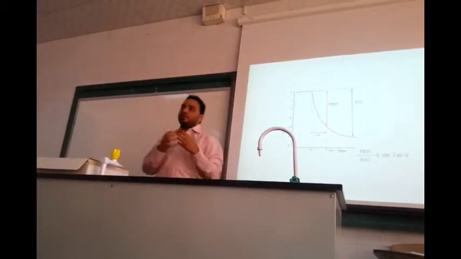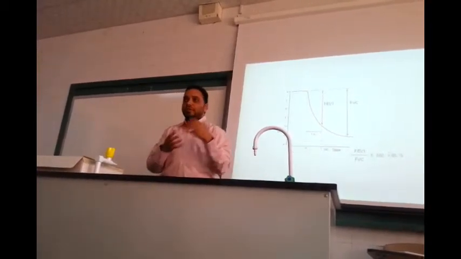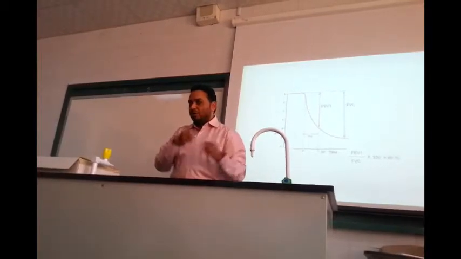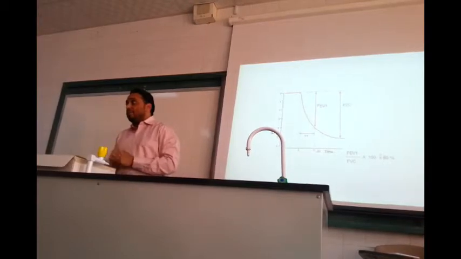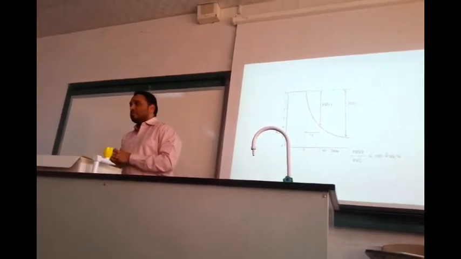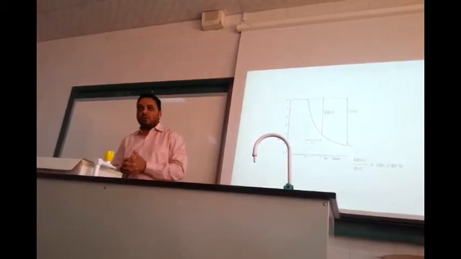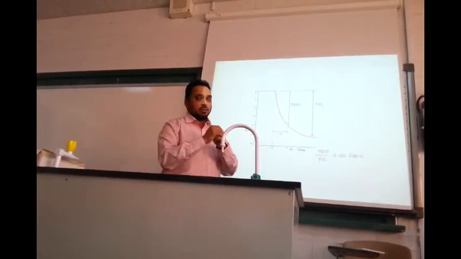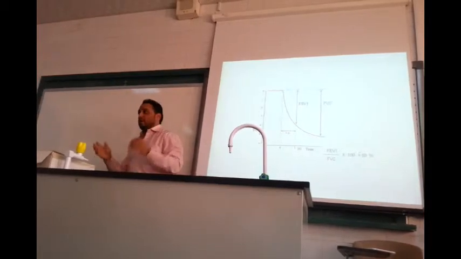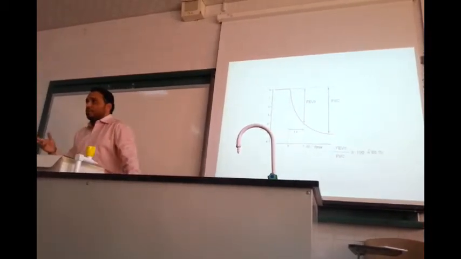So obstruction to flow of air, obstructive diseases like asthma, for example, or tumors, or any number of diseases are there. Restrictive, on the other hand, will be some changes occurring in the respiratory system itself, like interstitial lung disease, for example, or fibrosis, TB.